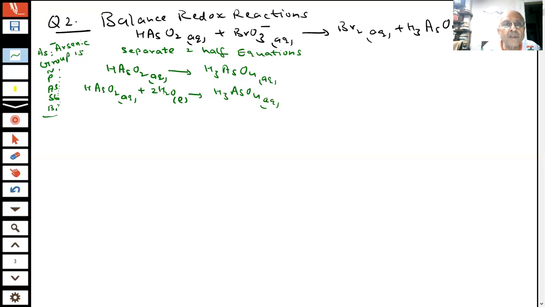Hydrogen: how many? 4 and 1, 5. Here how many? 3. So what should we do? You add 2H plus on the right side. What does it become? HAsO2 aqueous plus 2H2O liquid gives H3AsO4 plus 2H plus aqueous.